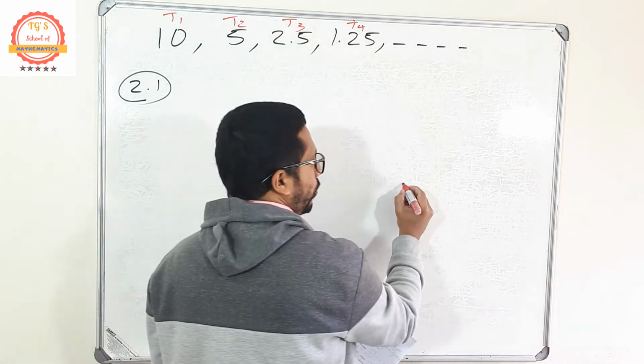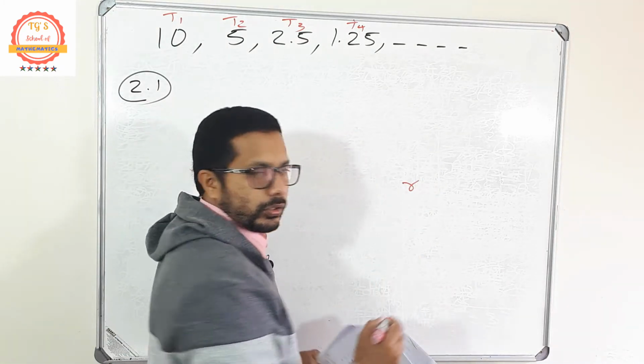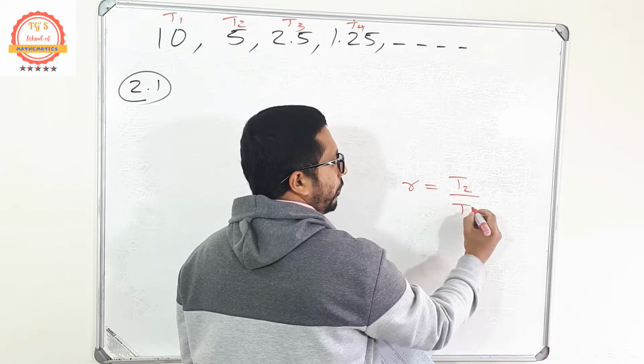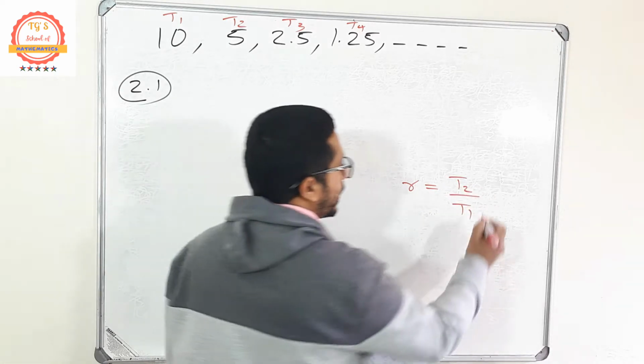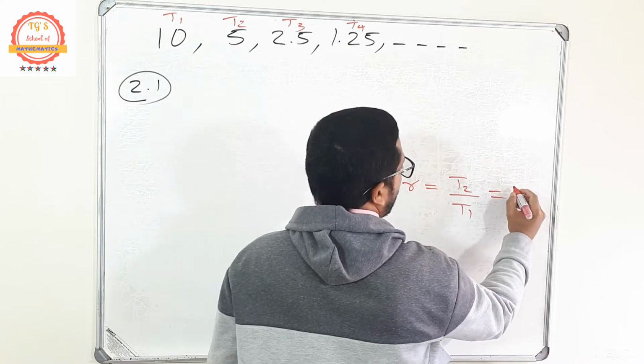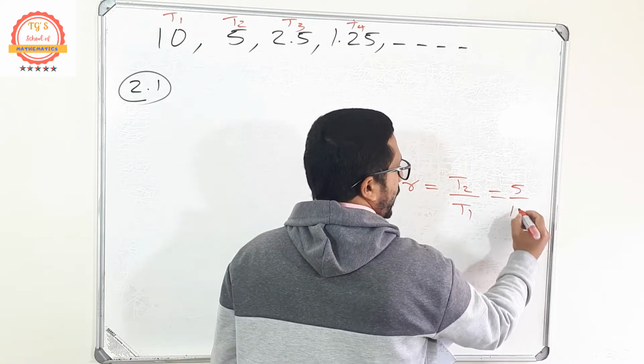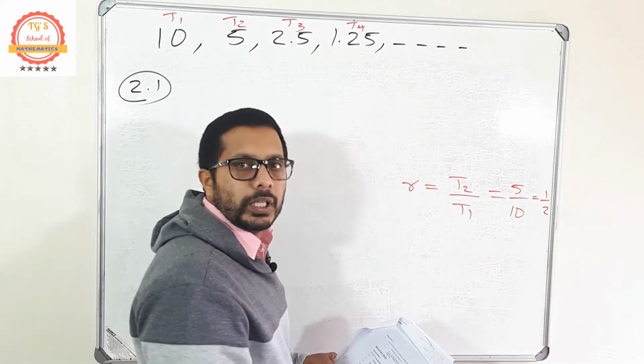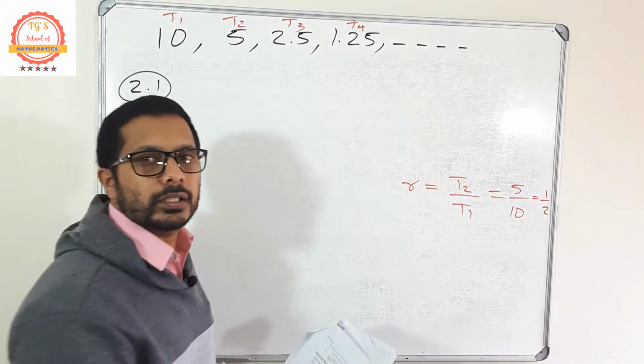We denote that common ratio with a small letter r. How can you find the common ratio? Second term divided by first term. The second term is 5 divided by the first term, 10. The answer is 1 over 2. That means the common ratio here is 1 over 2.